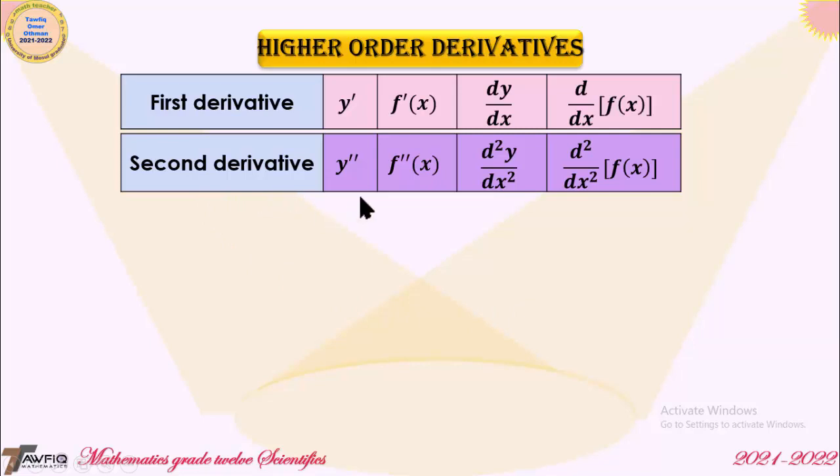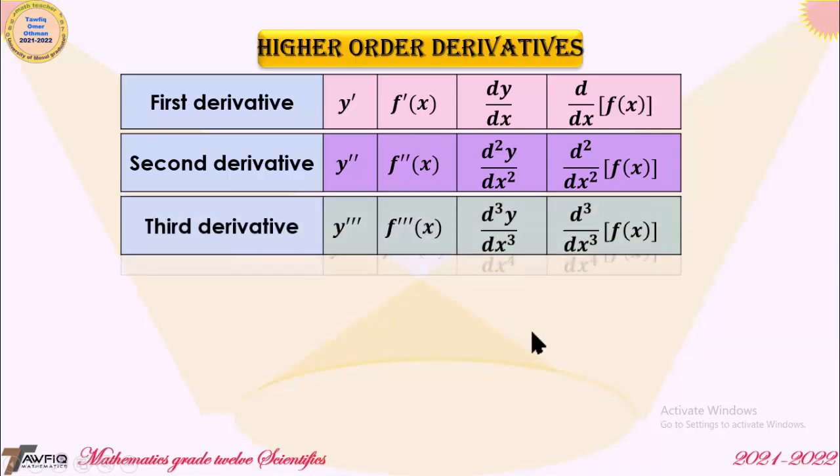And the second derivative is y double prime, and f double prime of x, and d squared y over dx squared, d squared f(x) over dx squared. And we continue like this.